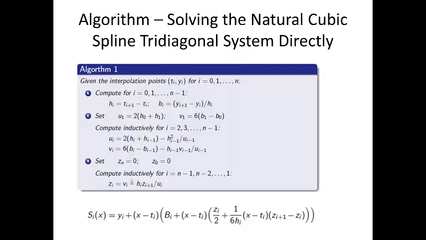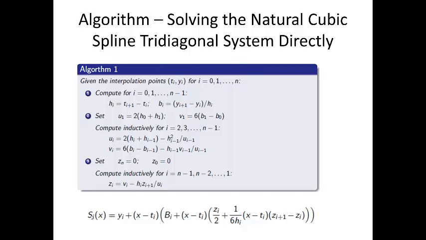Now, the algorithm could conceivably fail because of divisions by 0. However, it's possible to show that the u sub i's are not going to be 0 for all of the i's. The final nested multiplication form of s sub i(x) is given down here at the bottom. You can also find this on page 270 of the text. The nested format is going to make it easier to evaluate.